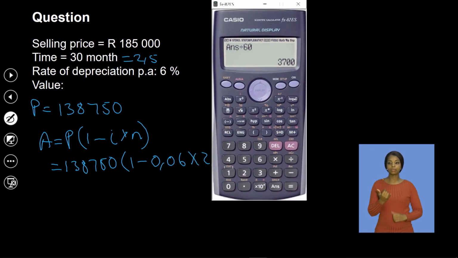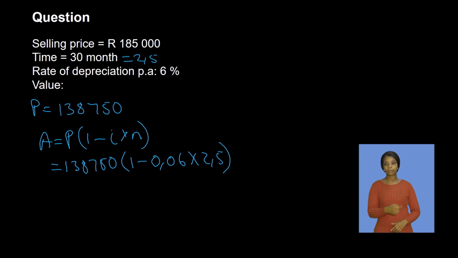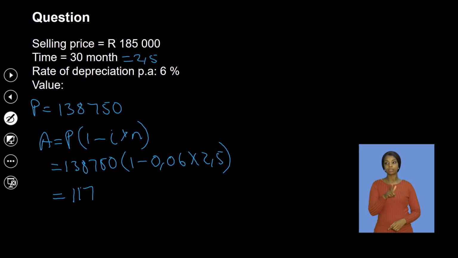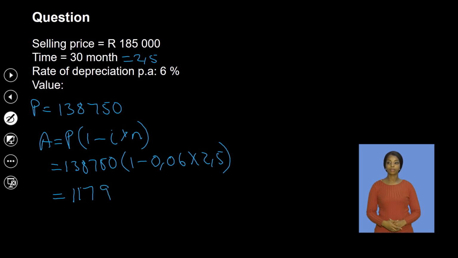All right, so it's going to be 138,750 into 1 minus the 0.06 multiplied by 2.5, and that will actually give me 117,937 and 50 cents.